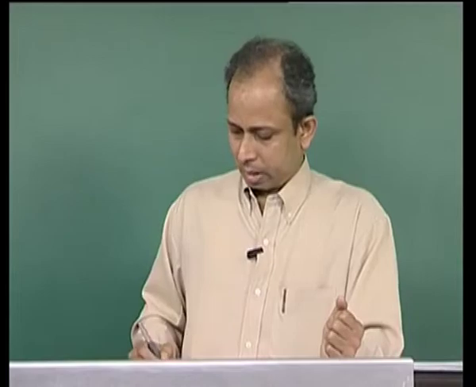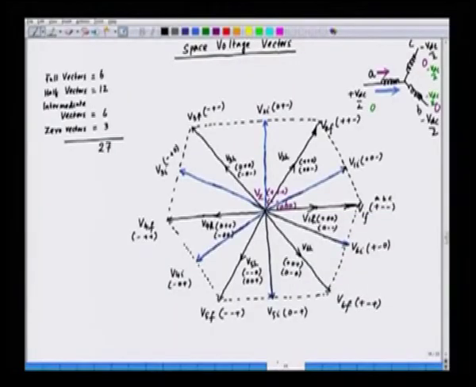Now, if we go back to our previous diagram, in this case we can divide this space into 6 sectors. We divide the complete region into 6 sectors, and each sector is 60 degrees. So, this is one sector, 60 degrees.